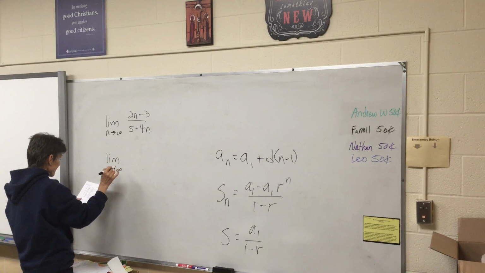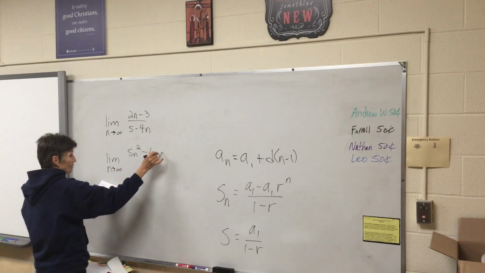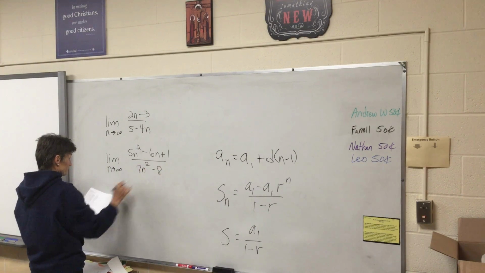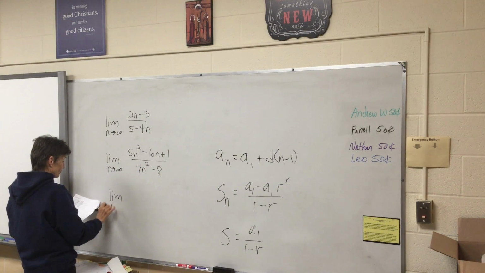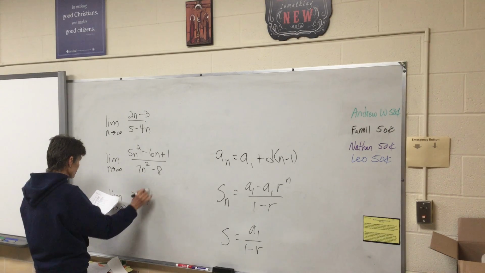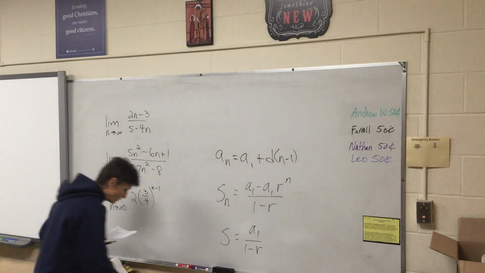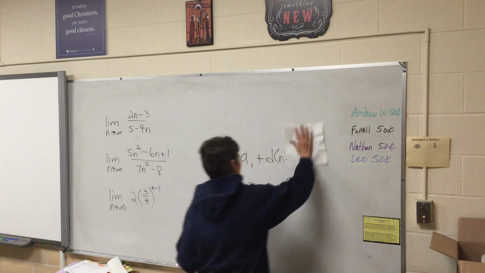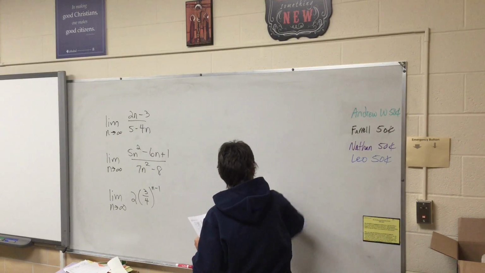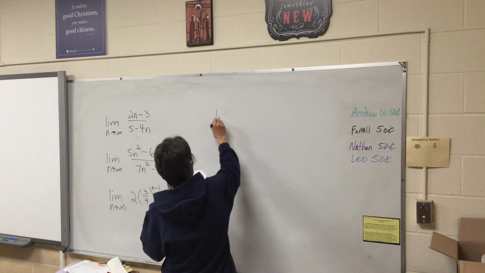Go ahead and write these down on your paper, and as you're writing them down, go ahead and write the answer down too. If you can think what the answer is, you can remember how we did these.